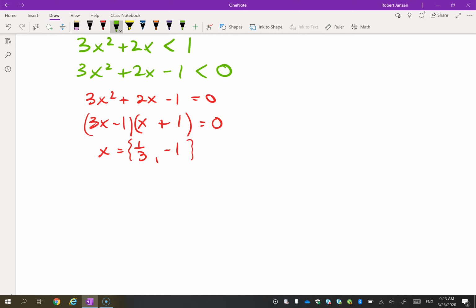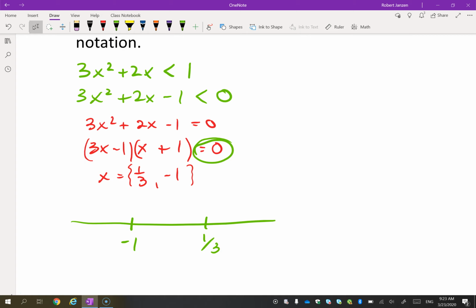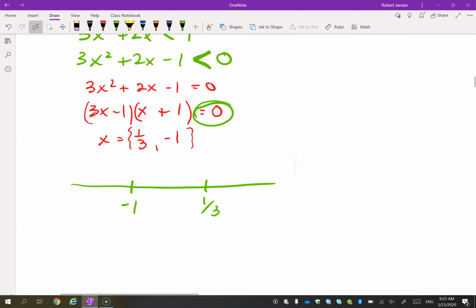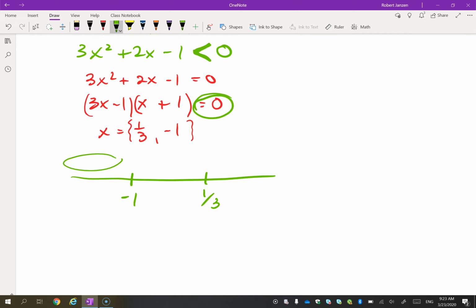So using that information, I'm going to make a number line. Now I know there are other values on that number line, but these are the critical values. These are what we call the critical values. They're the values where it equals 0. Now what do we want? We want where it is less than 0. So the question is, is our answer here, here, or here?